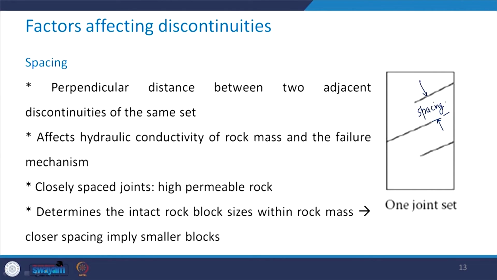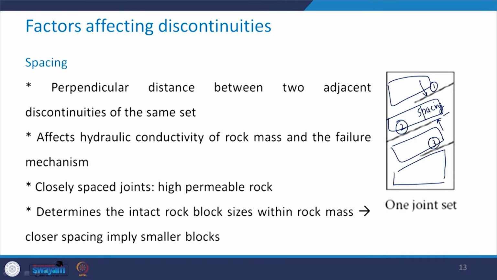It determines the intact rock block sizes within the rock mass. That means if you have closer spacing, it will result in smaller blocks. Like here, you have 3 joints, 1, 2 and 3. Block sizes can be taken like from this portion, like this.